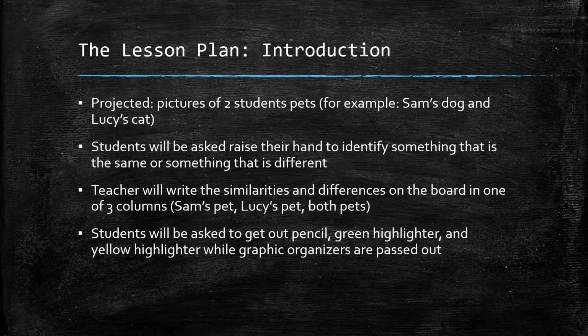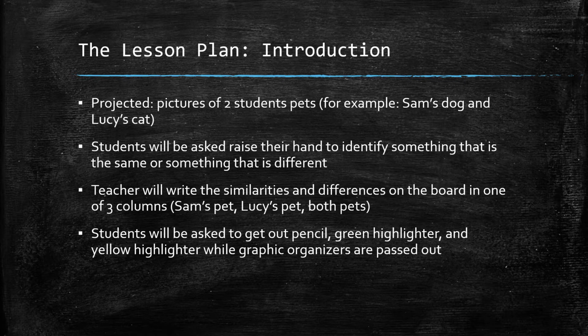For the introduction of this plan, I really think that this is going to be a fun activity for the kids. At the beginning of the year, whenever I sent out the student interest surveys, I also asked parents to send me a picture of things that the kids enjoyed. So I really wanted a picture of the students' pets if they had one, and maybe a picture of the students' favorite toy or favorite food or something of that nature.